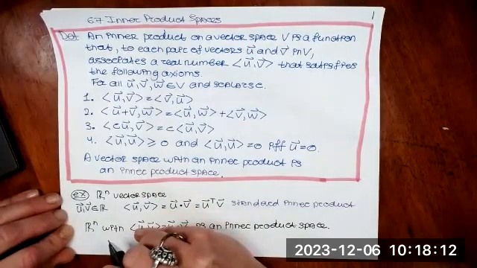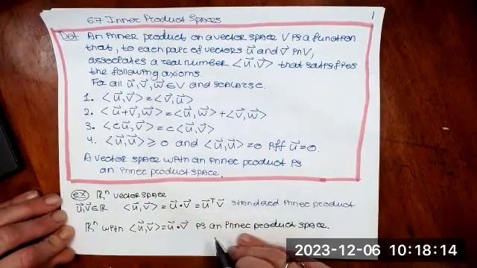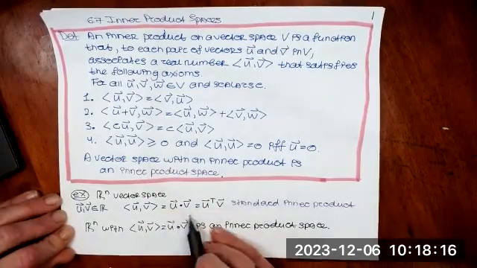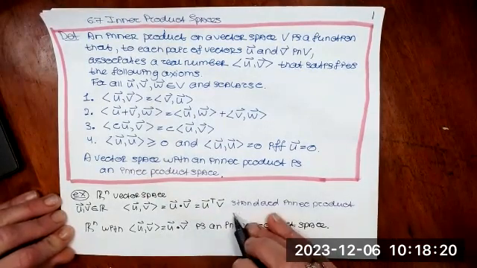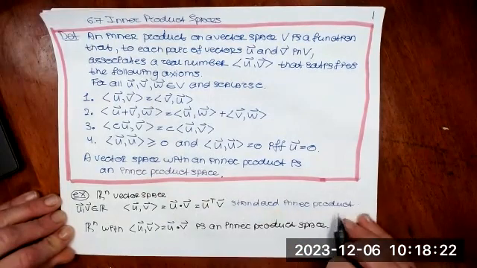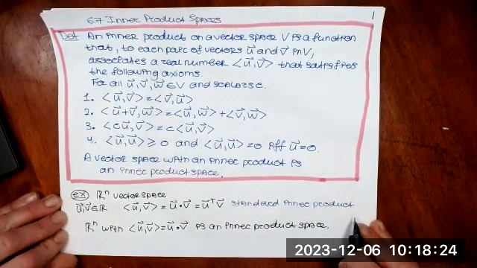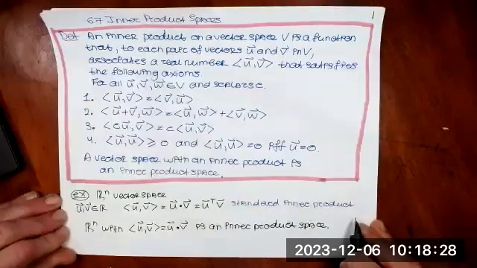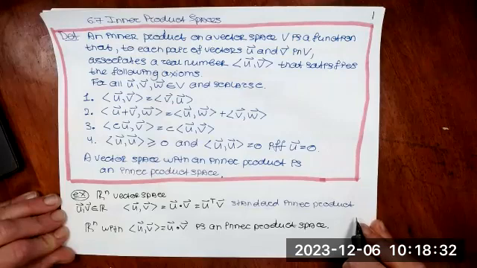But in Rn, we can define our inner product as the dot product, so we generally call it the standard inner product. It's the most common one we use in Rn. When you have a vector space and an inner product defined on it, you refer to that vector space as an inner product space.